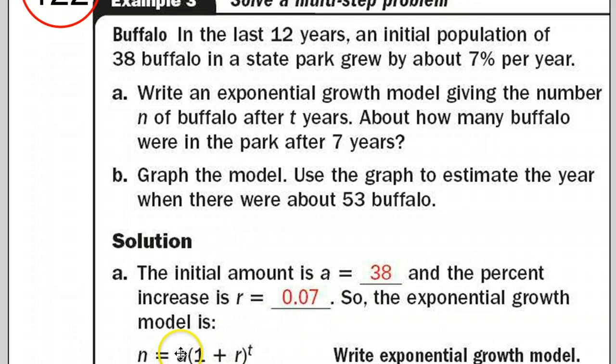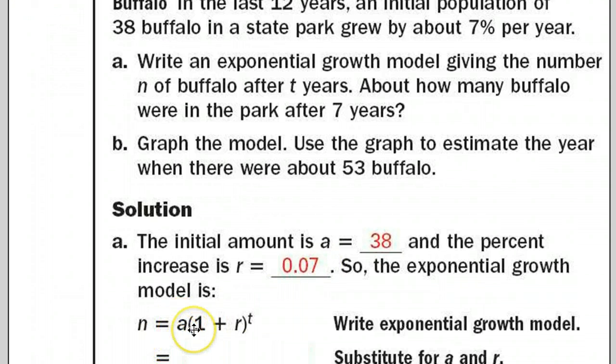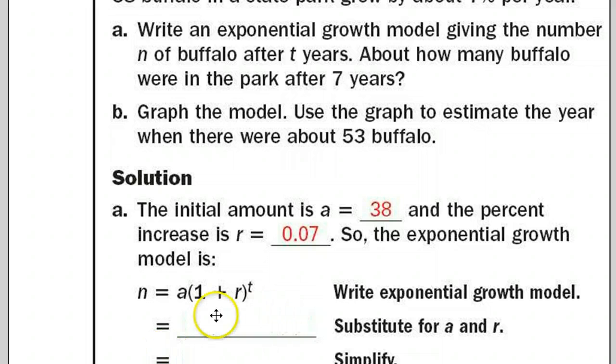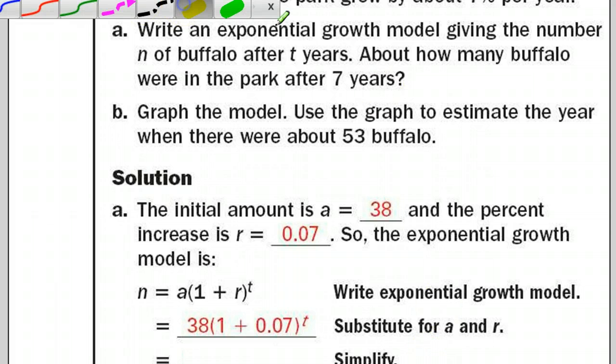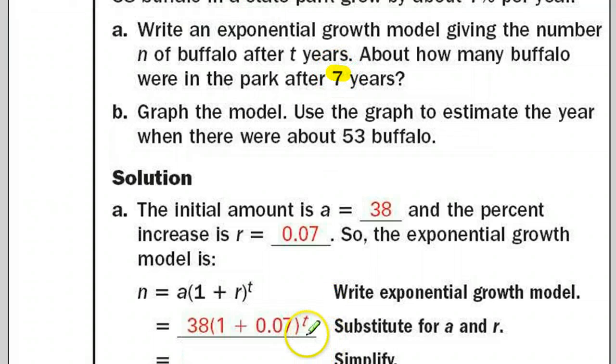So the exponential growth model, since it's growth, we know that the base is greater than 1, looks like a, which is the original value, times 1 plus the rate, raised to the t power, and we have something that looks like this. And if I want to figure out how many buffalo there will be after 7 years, I just plug in 7 for t and I'll get my answer.